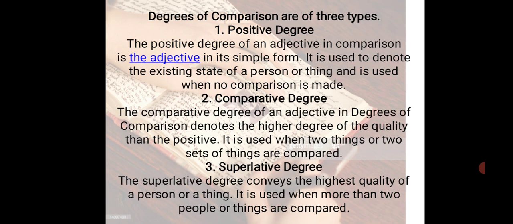It is denoting the higher degree of quality than the positive degree. It is used when two things or two sets of things are compared. So remember that it shows the higher degree of the quality than the positive. And secondly, it is used when two things or two sets of things are compared.